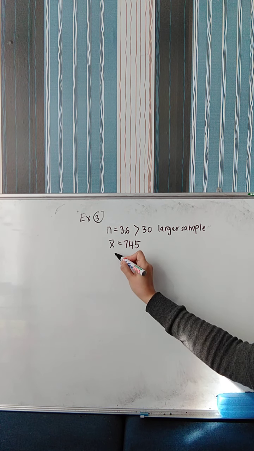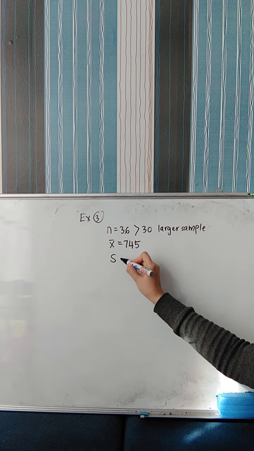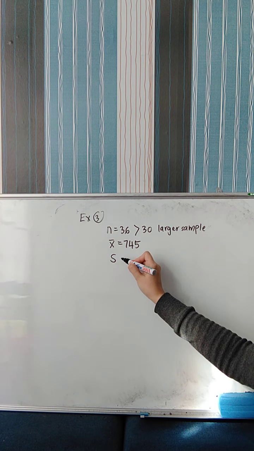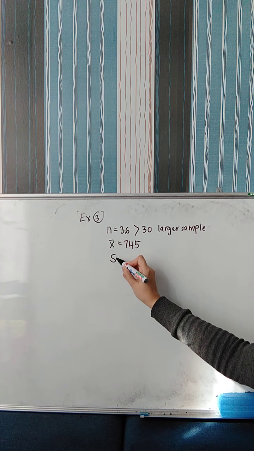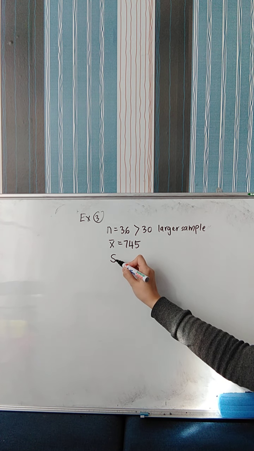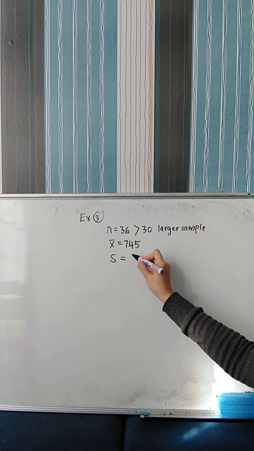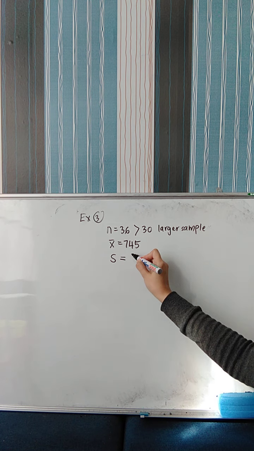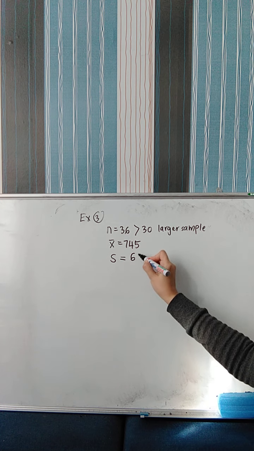This is S, the standard deviation from the sample, not sigma. The standard deviation from the sample is 60.